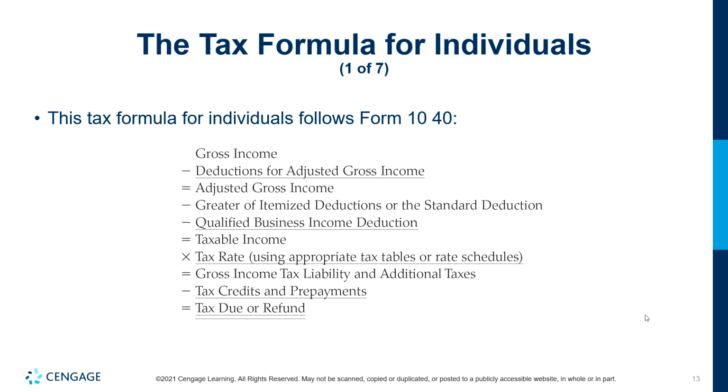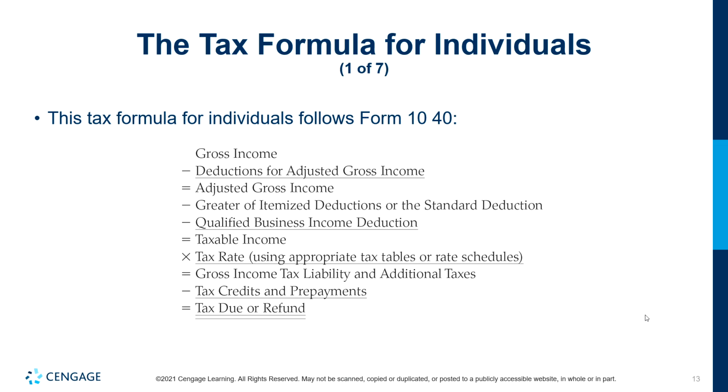For most individuals, it's still going to be the standard deduction. We're going to go over those later in this chapter, of how much those are. We'll have minus qualified business income deduction if we do have a Schedule C and a business, and this will be our taxable income.